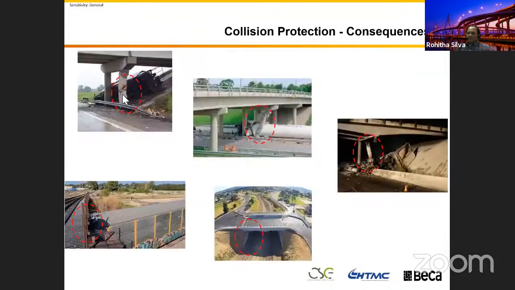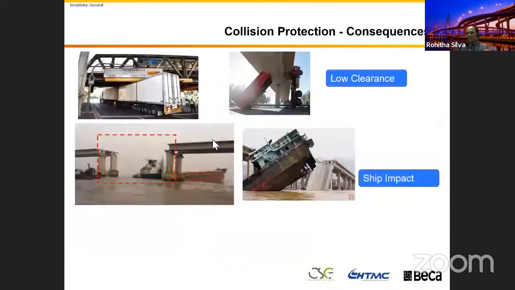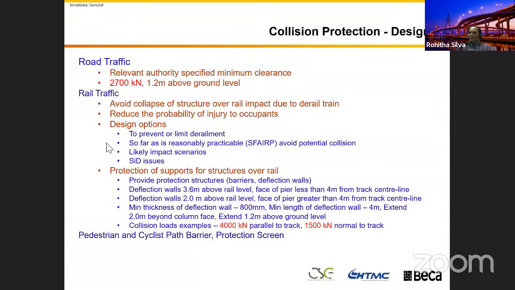this pier. One way you can do, you can put some structure to protect that, or you can design your pier. You will see later on that, right? If it is rail traffic, this is a very serious thing, because the momentum in a railway is massive. Most of the time, you can design that out.